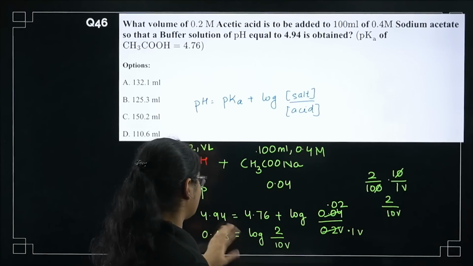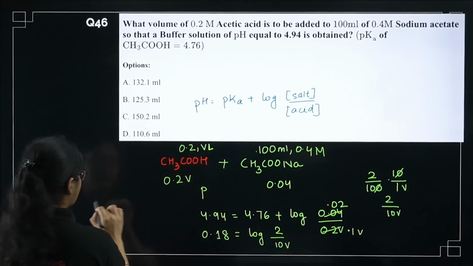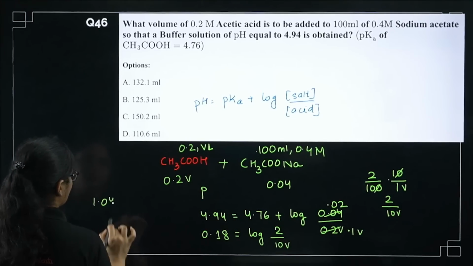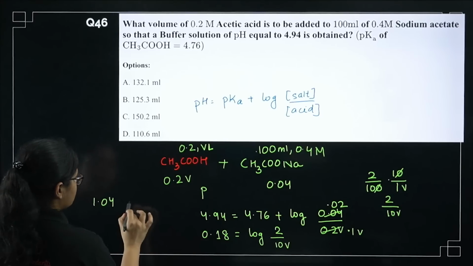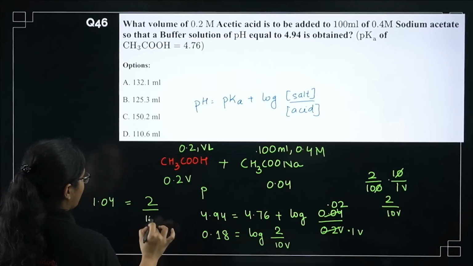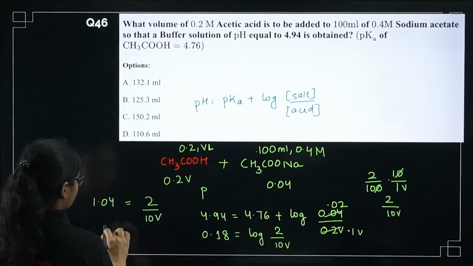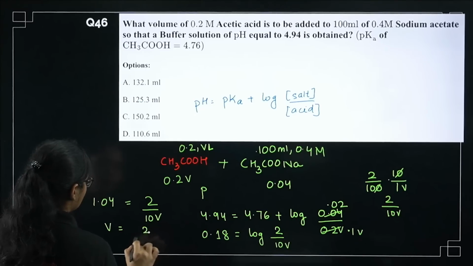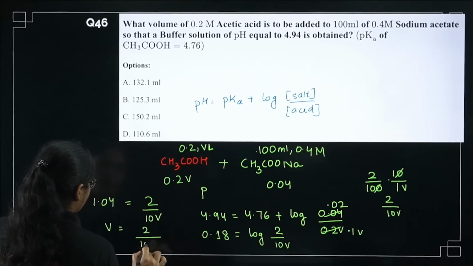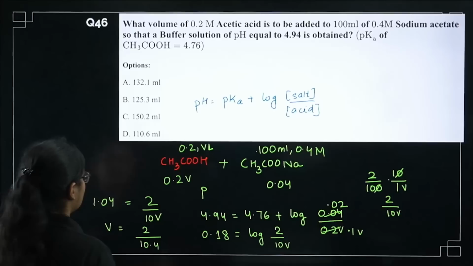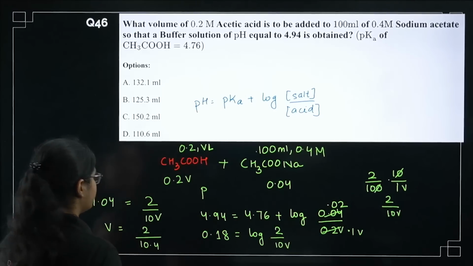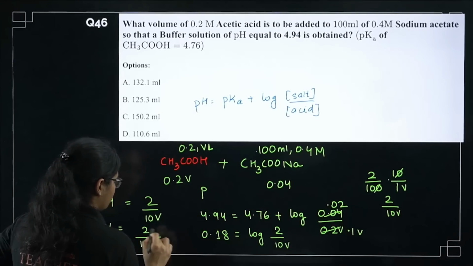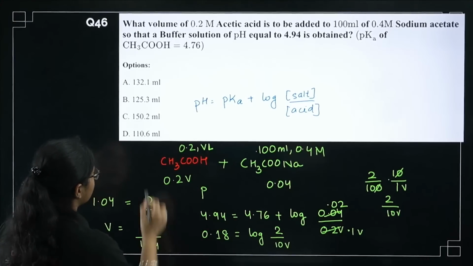Now if I take the anti-log of this, you will get around 1.04, so 1.04 is equal to 2 by 10 V. Now V will be equal to 2 by 10.4. This is in liters.